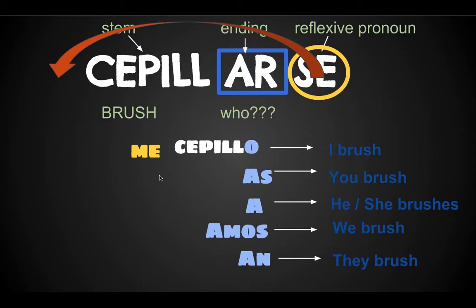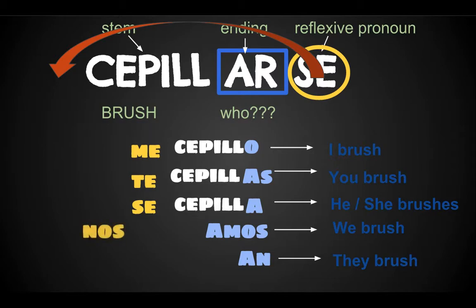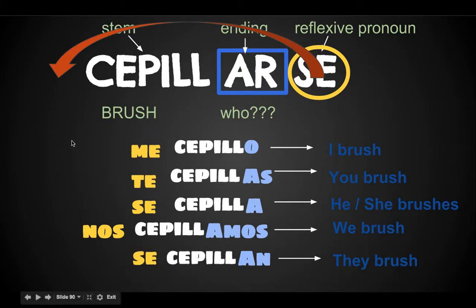So the verb, when it's conjugated, will be me cepillo, te cepillas, se cepilla, nos cepillamos, se cepillan. And if you want to, you can add yo in front of this, tú in front of this, so it would be yo me cepillo, tú te cepillas, él se cepilla, nosotros nos cepillamos, ellos se cepillan.